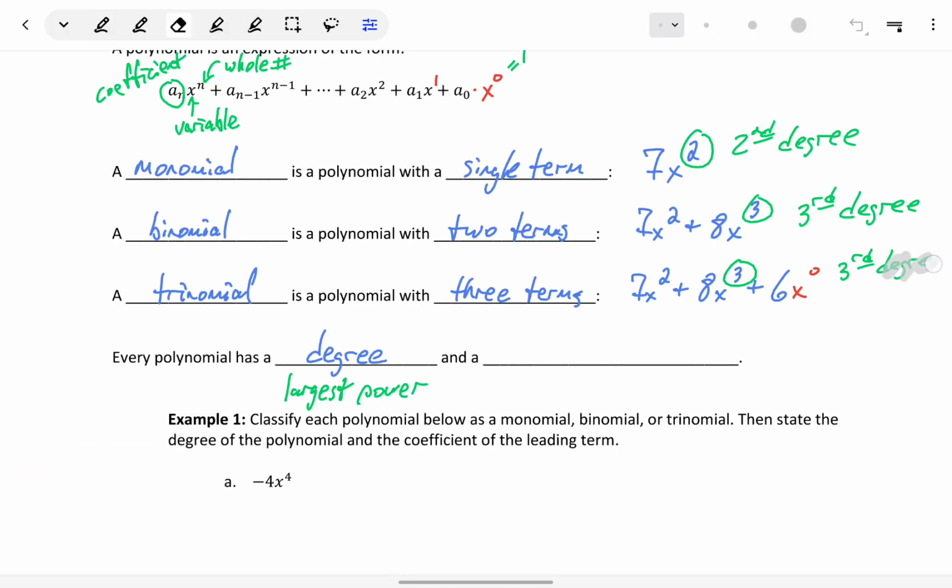I'll just rewrite that with a little more room here. So every polynomial has a degree, which we identify by identifying the largest power, and a leading term. And that is the term with the highest power.